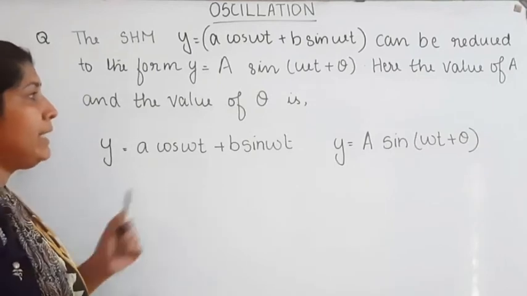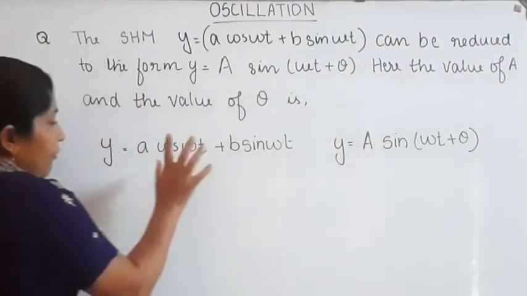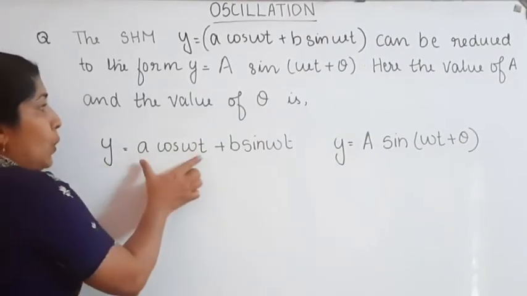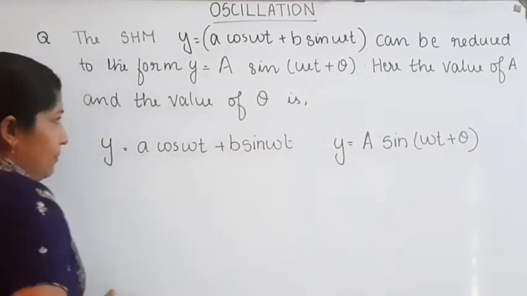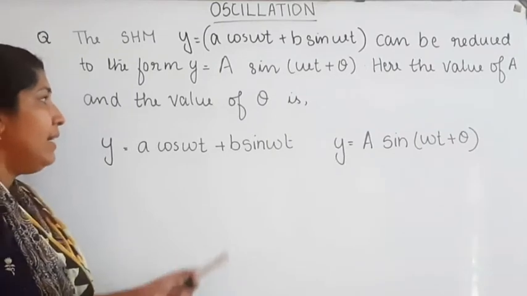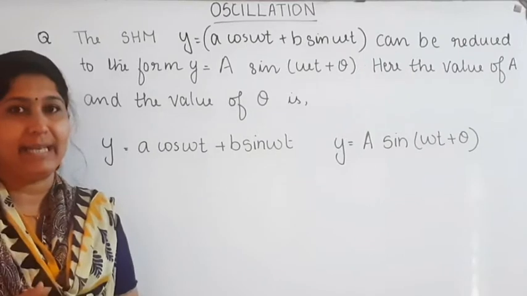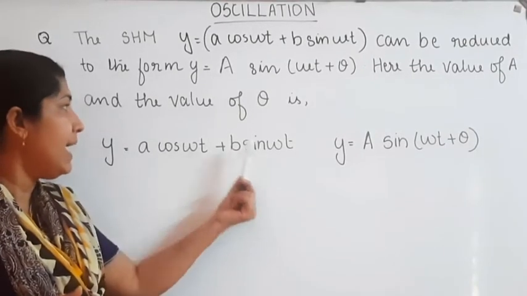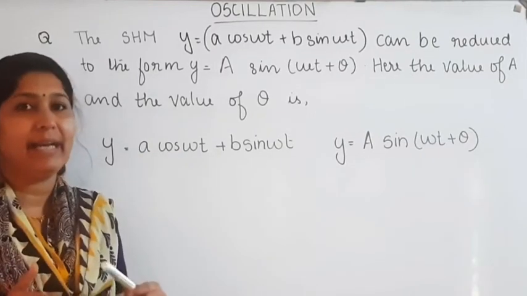To find the resultant amplitude A, we have two terms: displacement y is equal to a cos omega t and b sin omega t. From these two terms, it is very clear that they are at an angle of 90 degrees.